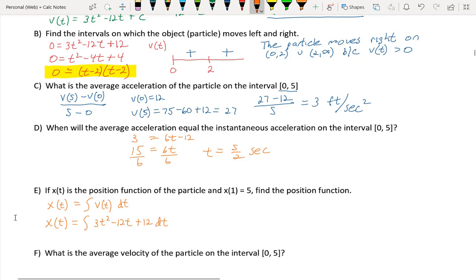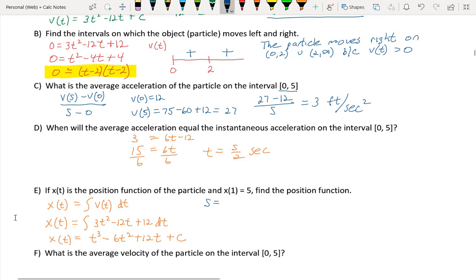We need an antiderivative for this, and so we would have x of t equal to, oh, look at how nice, that 3 is just going to jump right back up in there, t cubed minus 12t squared over 2 is going to be negative 6t squared plus 12t plus c. Let's plug it in. t is 1, and x of t is 5.